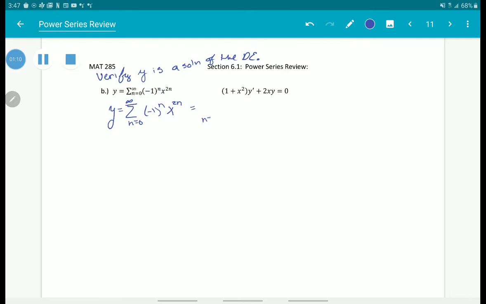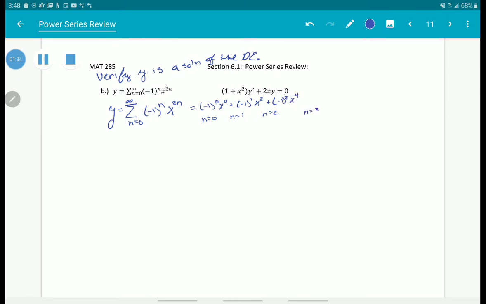So if n is 0, we're going to have negative 1 to the 0 times x to the 0. If n is 1, negative 1 to the first, x squared. n is 2, negative 1 squared, x to the fourth.